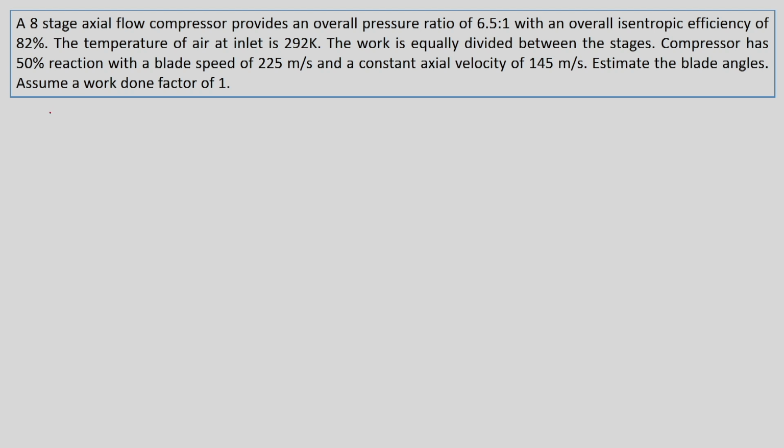In this example, the given things for us are number of stages 8, compressor's isentropic efficiency is 82%, then we are told that U is equal to 225 meter per second, lambda is equal to 0.5, pressure ratio is 6.5 and temperature T01 292 Kelvin.